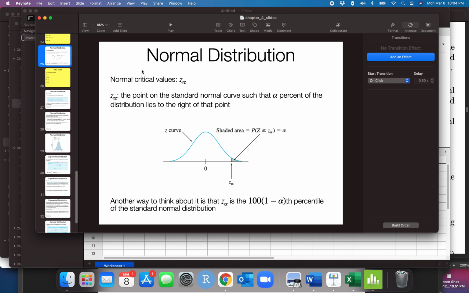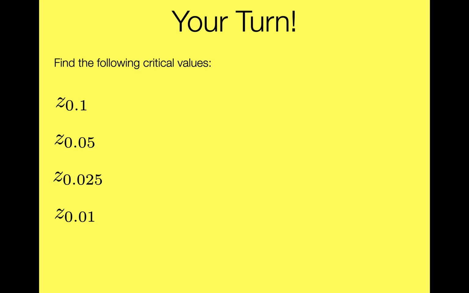As your first your turn, I give you common critical values that we'll see. All of the inference that we do in statistics really hinges on these critical values, and these numbers are going to be important, and you'll see them again.